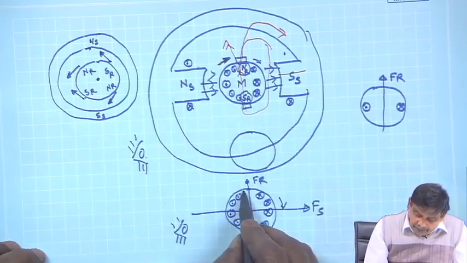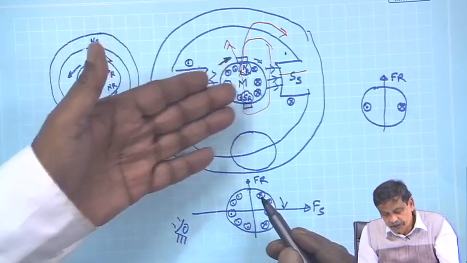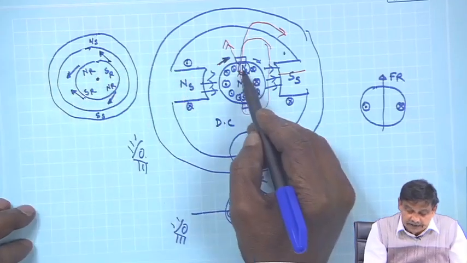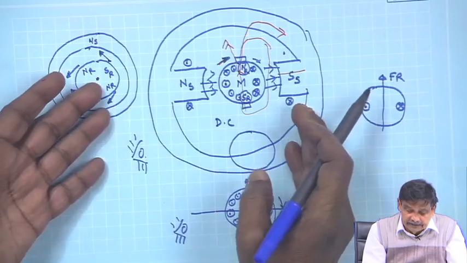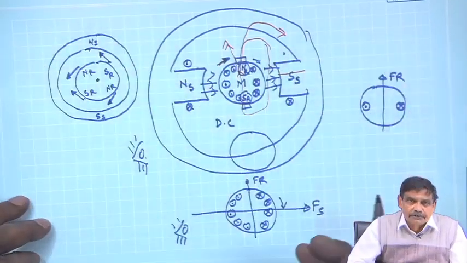But here I told two things. One is that instead of applying the left hand rule, if you know the direction of rotor currents in a DC machine like this, you can figure out where is N_R and S_R and where is N_S and S_S, and based on this you can decide in which direction it will start moving.